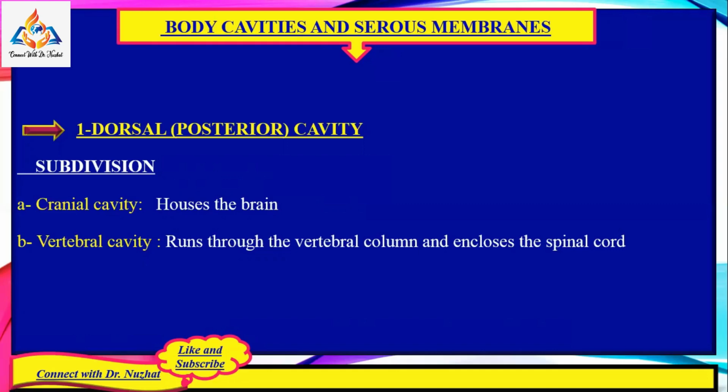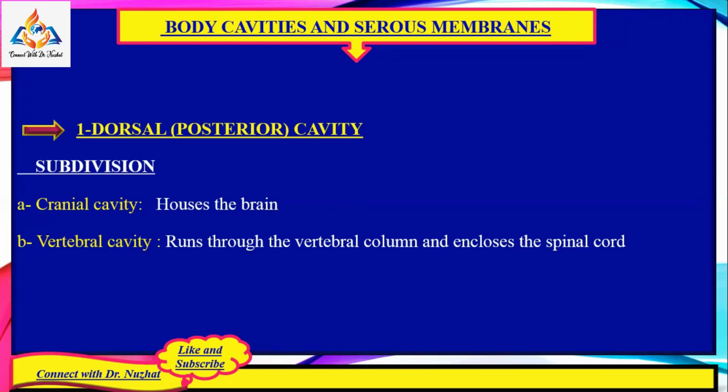Cranial cavity: the space occupied by the brain, enclosed by skull bone. Spinal cavity: the space occupied by the spinal cord, enclosed by the vertebral column, making up the backbone. The spinal cavity is continuous with the cranial cavity.